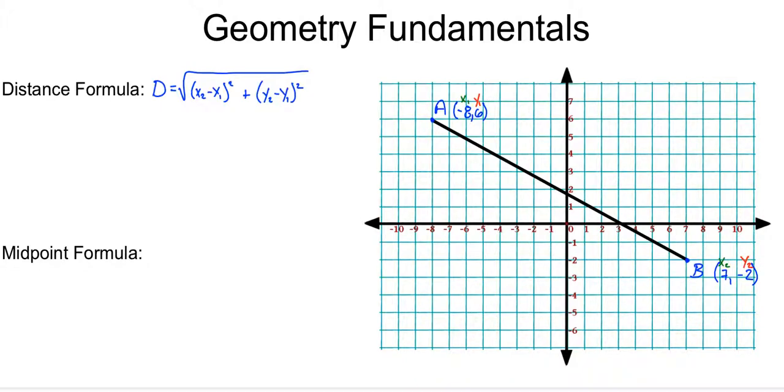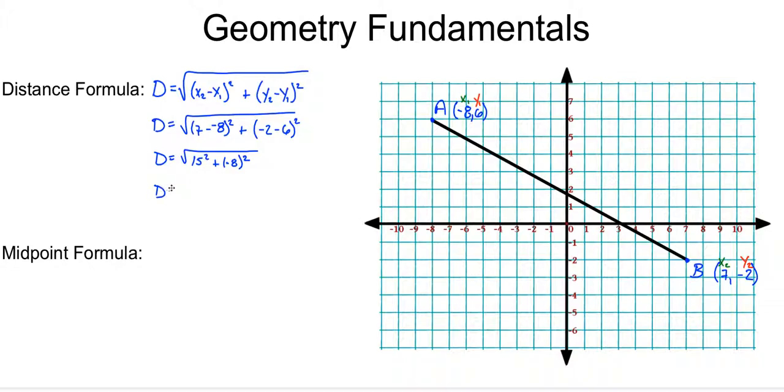Okay, so if we go ahead and plug these into our formula here, the distance is equal to the square root, and x2 is 7. We have 7 minus a -8 squared plus -2 minus 6 squared. And as we try to simplify that, we're going to get the square root of 15 squared plus a -8 squared.